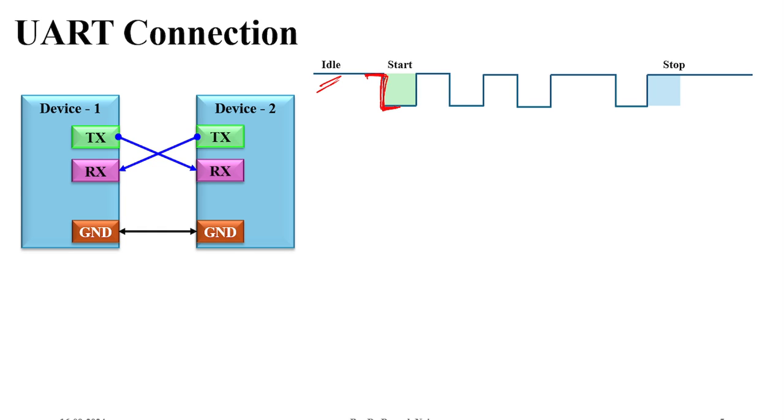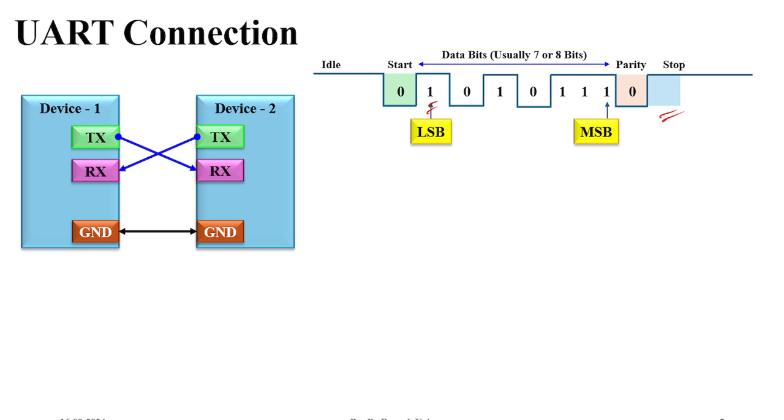And then after that, when the communication is complete, there will be a stop bit which will be transitioning from low to high. And then, like I said, we can have parity bit in the system and 7 or 8 or 9 data bits, or we can say the message bits. Generally, zeros represent low signals and 1 represents high signals. And once the stop bit is received, then the system again goes to idle state.